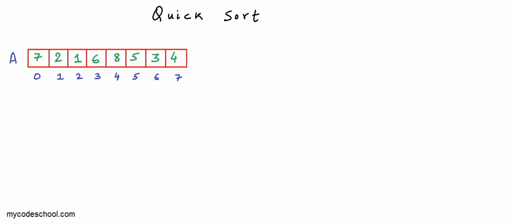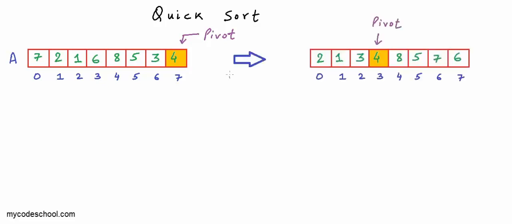In this example here, let's say we select the number 4. Now we call this selected number the pivot, and first we rearrange the list such that all the elements lesser than the pivot are towards the left of it, and all the elements greater than the pivot are towards the right of it. Something like this.